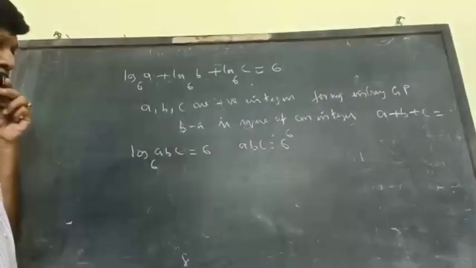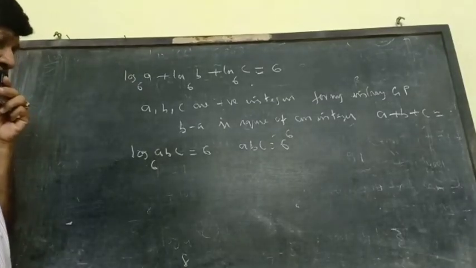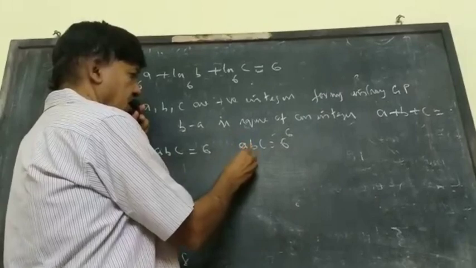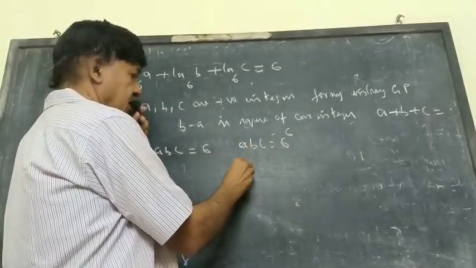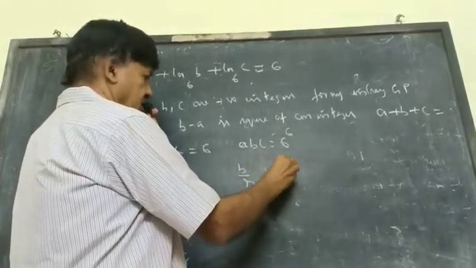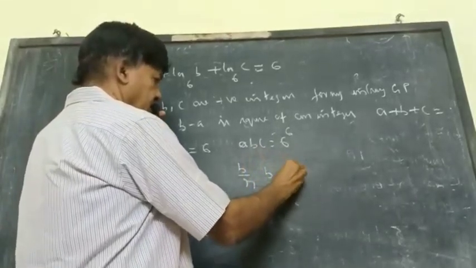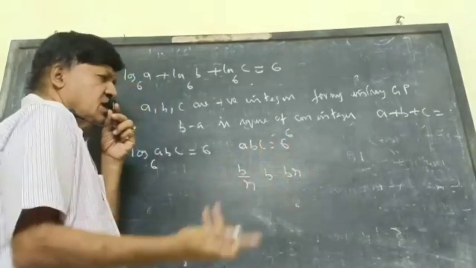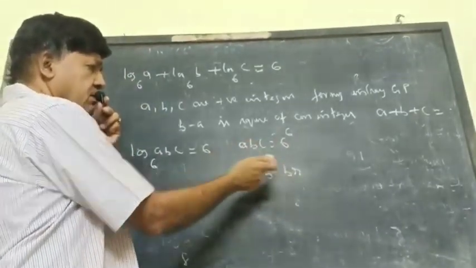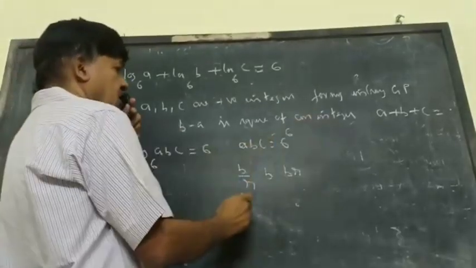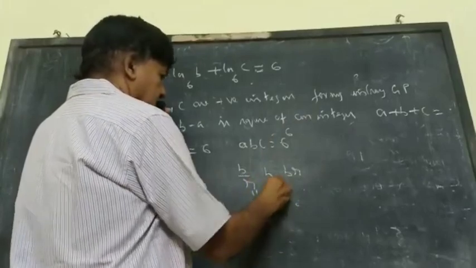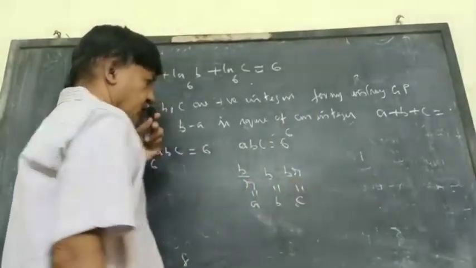Now I will choose A as B by R, B is B only, and C is BR. Three numbers in GP means I can select A as B by R, B, and C as BR.